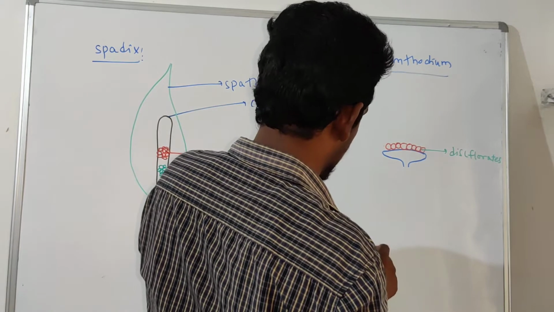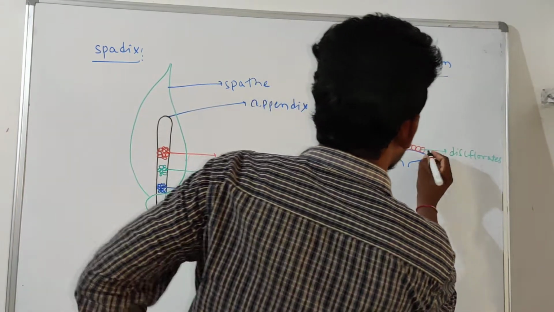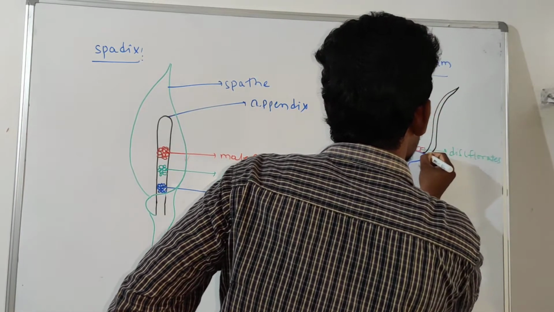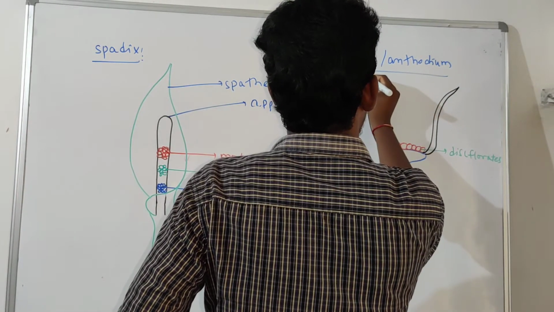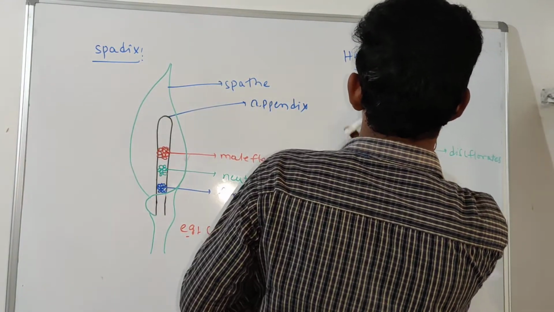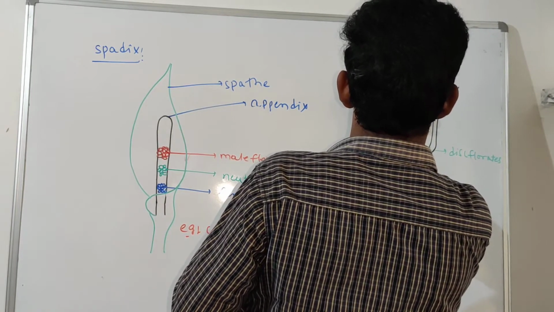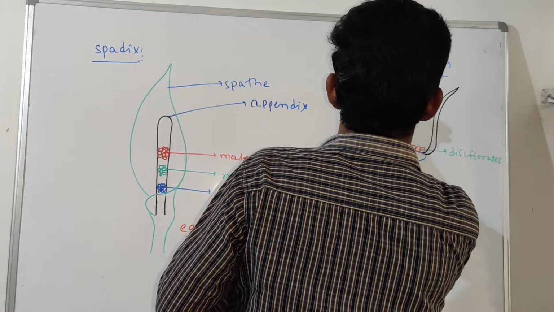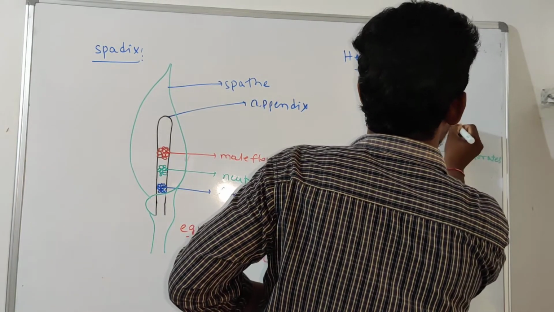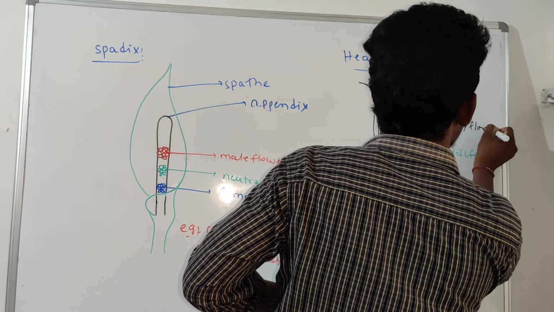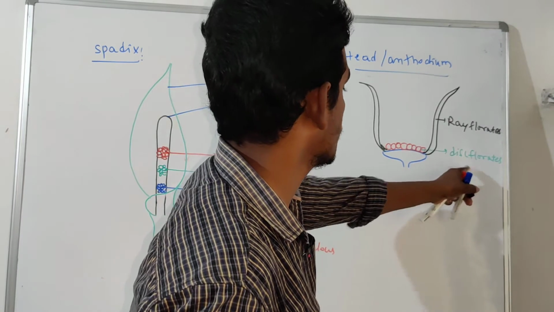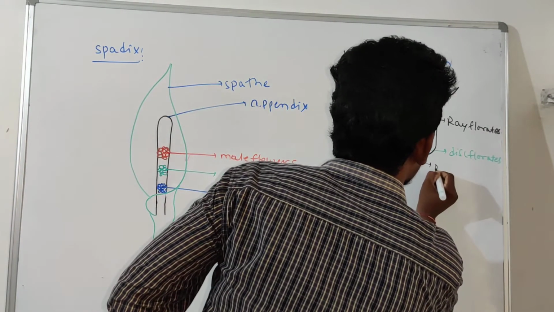And here the disc florets are surrounded by ray florets. Right, so these are ray florets and these are disc florets, right? So this is the peduncle.